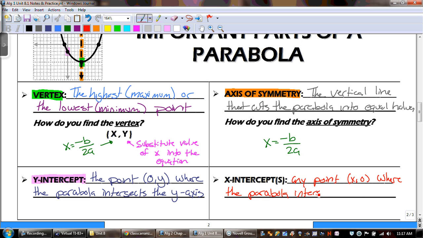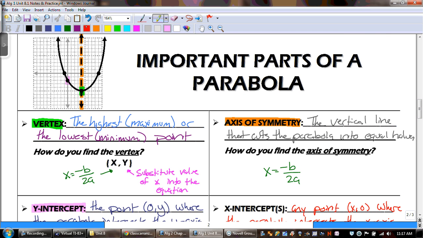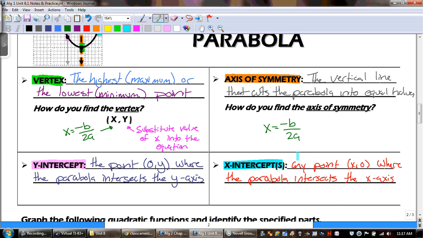Sorry about that. So in this example right here, we have two x-intercepts.